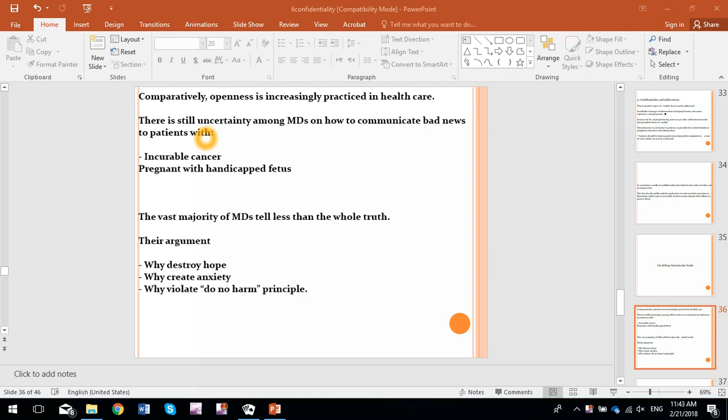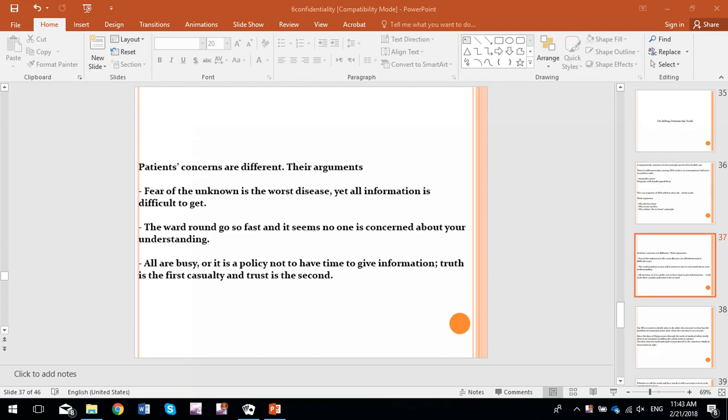And by telling the whole truth, they argue, I'm violating what's called the harm principle, which is do no harm to the patient. This is the physician's argument regarding not telling the whole truth.